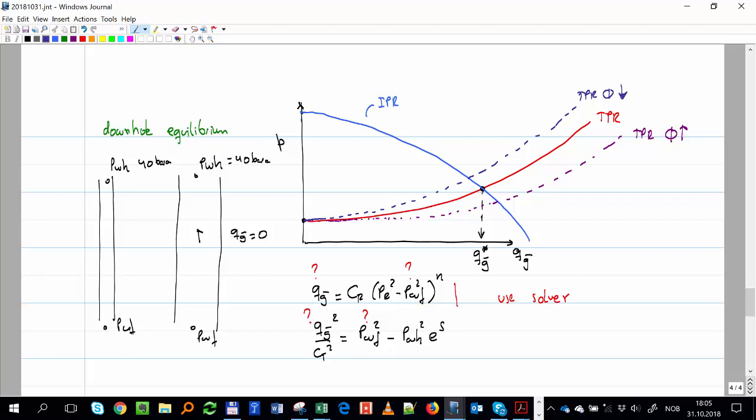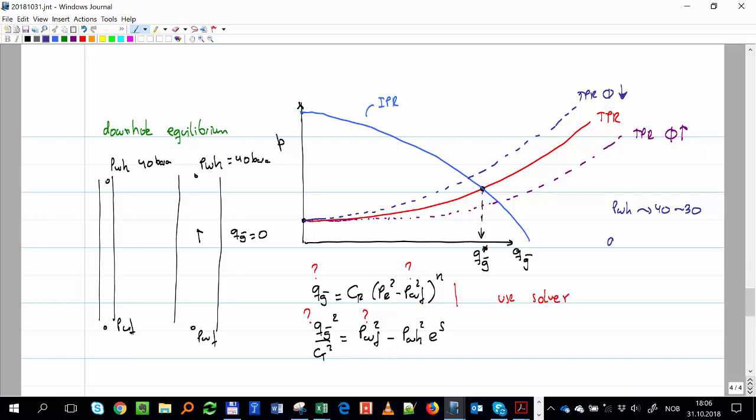Now, what happens if I change the wellhead pressure? Somehow I go to my separator and I change the controller. I say I don't want it to be 40 bar anymore, but 30 bar. I change this pressure here. What do you think will happen? If I go from 40 to 30, I have a lower pressure, so the rate will increase.